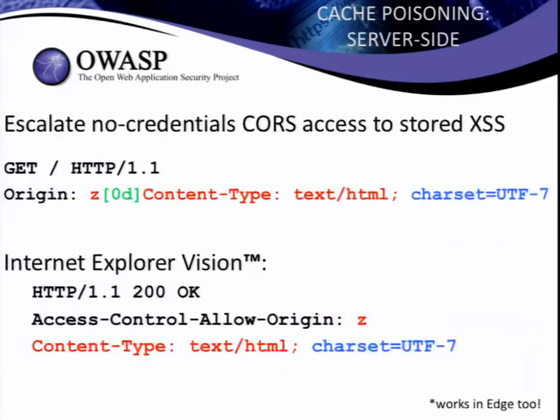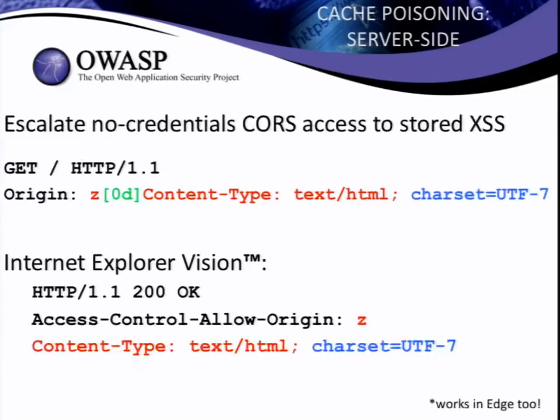It works almost every time. If the stars are aligned, then you might be able to get away with some server-side cache poisoning. So, some servers reflect the content of the origin header without even validating that it's a valid origin. So they'll do things like reflect an origin header that contains the carriage return character.